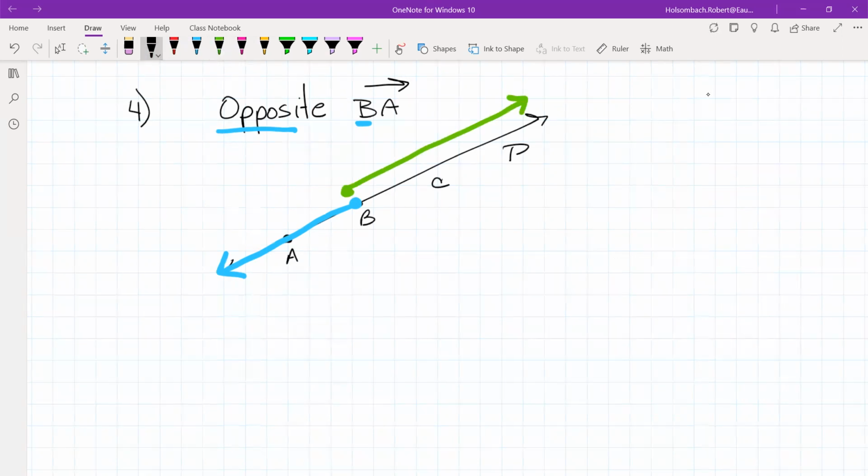So one description would be ray BC, because it starts at B and it goes through C. Another option is a ray that starts at B and goes through D. All right, so those are both opposite rays to ray BA. Either of those are a good answer choice. Ray BC or ray BD.